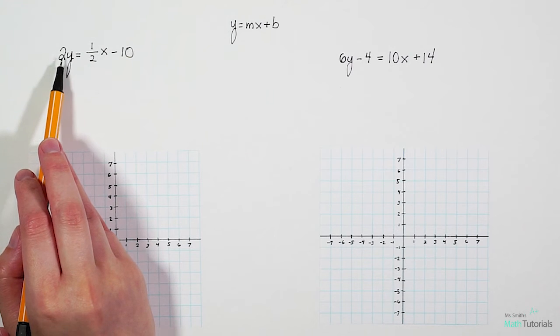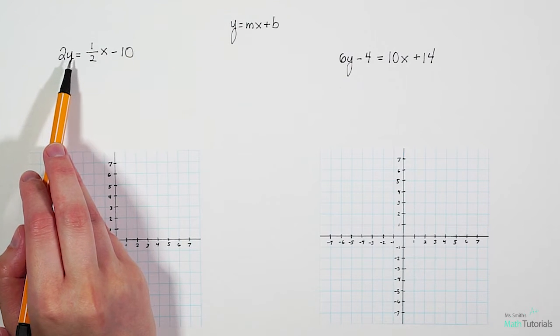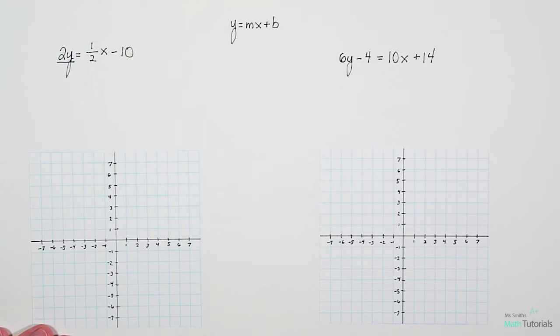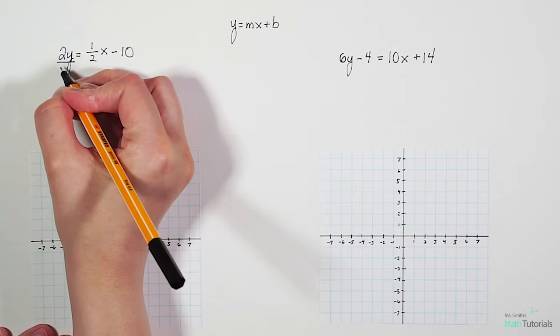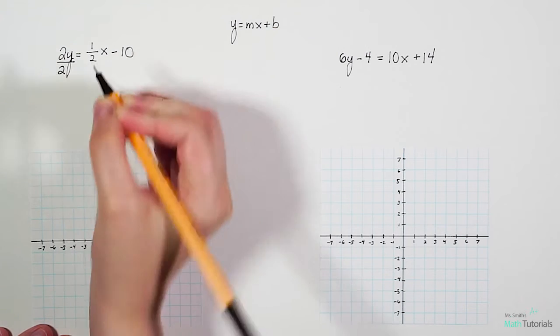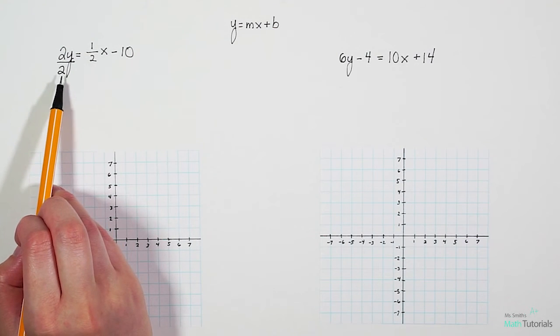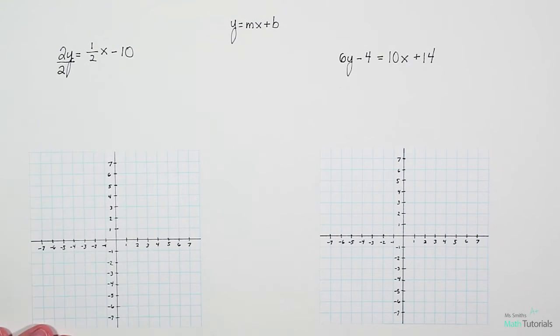If this is 2 times y, well, we can undo multiplication by using division. And we want to divide by what we want to get rid of. So in this case, the 2. I want to get rid of the 2, so I divide by 2. And what happens is here, 2 divided by 2 is a positive 1, which will leave us with just 1y, or just y. And that's exactly what we want.